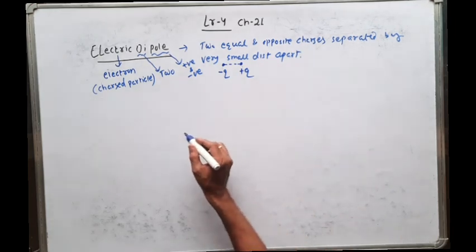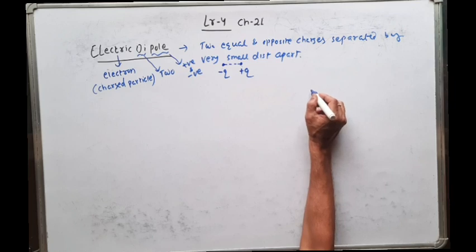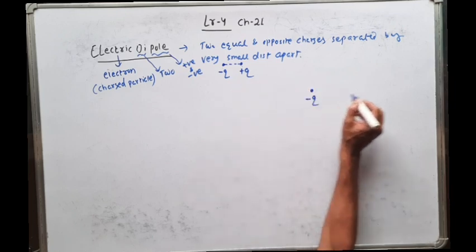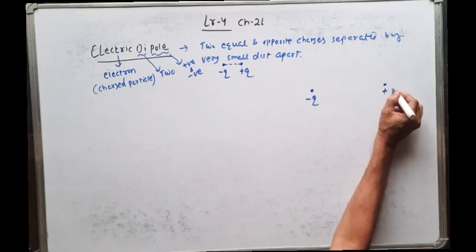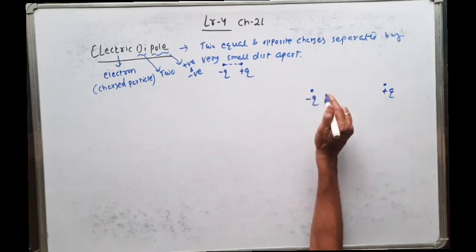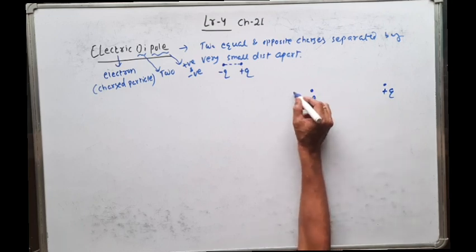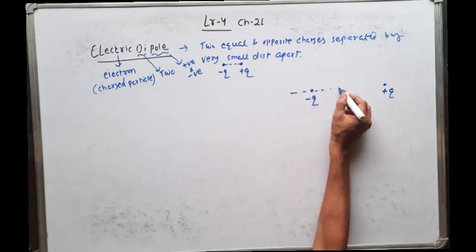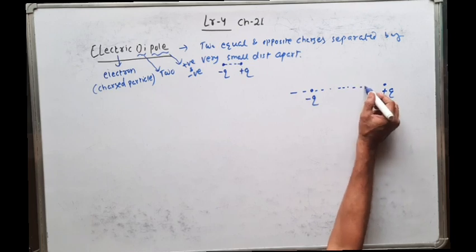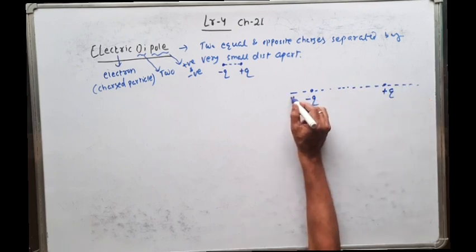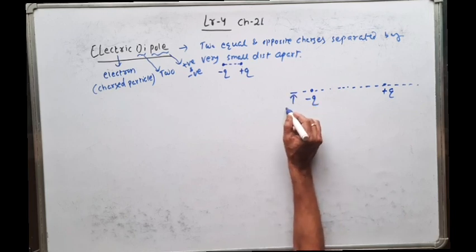If I zoom in on this electric dipole, this is minus q, this is plus q. I am drawing a bigger size, but practically the distance between these two charges is very small. Now join a line with the center of these two charges. This line is called the axial line.